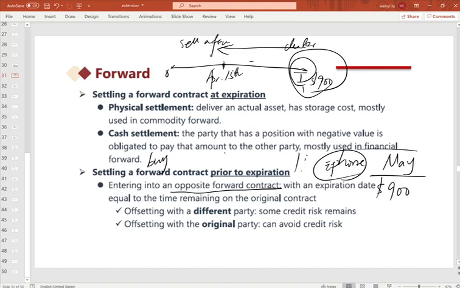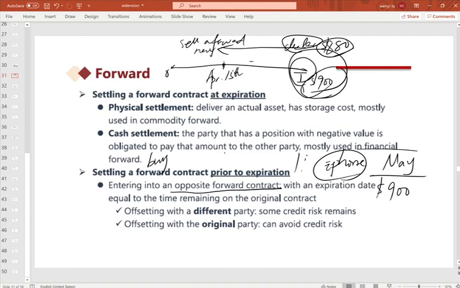So that's something opposite. You sell a new forward contract to the dealer, so the dealer can buy the iPhone from you forward, for example at $880.